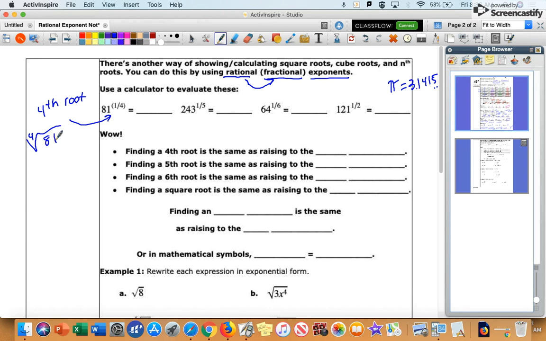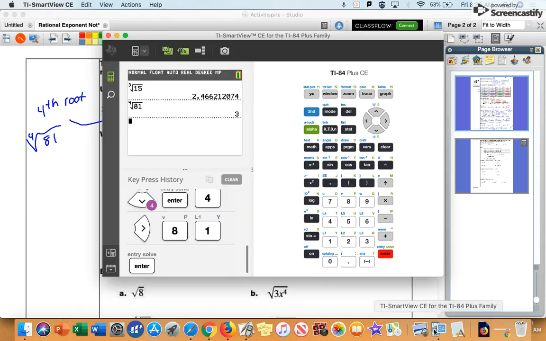So the reason why this is nice is because oftentimes calculators can calculate powers a little bit more easily than the roots. So for instance, on our graphing calculator here, if we wanted to do 81 to the power of 1/4, just use the little power button here. So notice this power button.